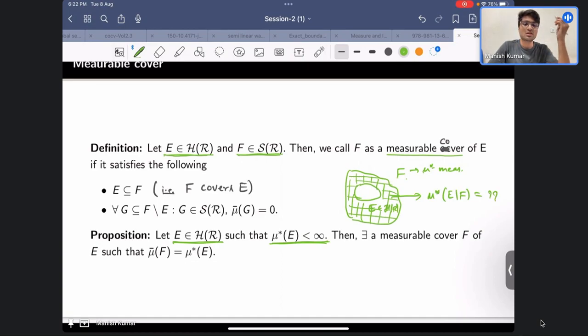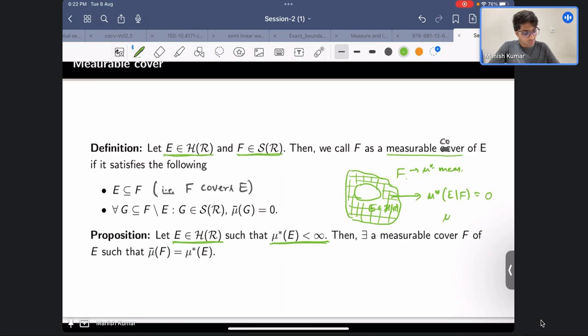Because mu star we can define for all the sets, the whole HR, so this mu star is sensible. So what should be the outer measure of E minus F? It should be 0, right? Because any subset of E minus F you take, the measure is 0. The measure is 0 means mu star is also 0.